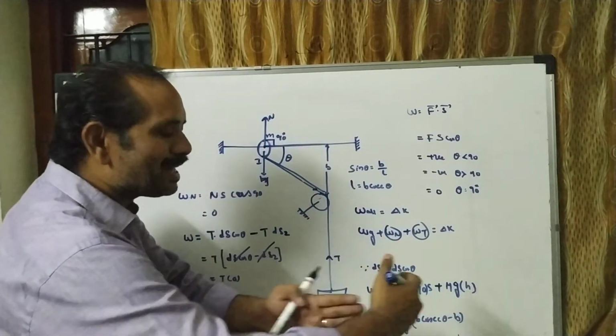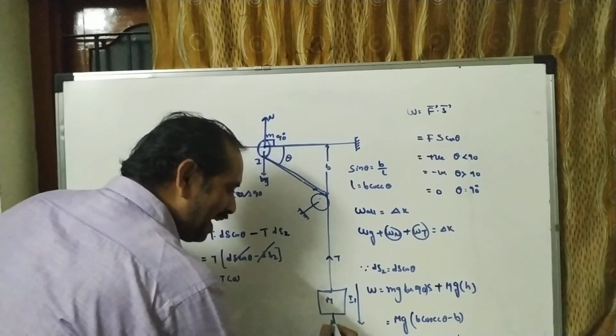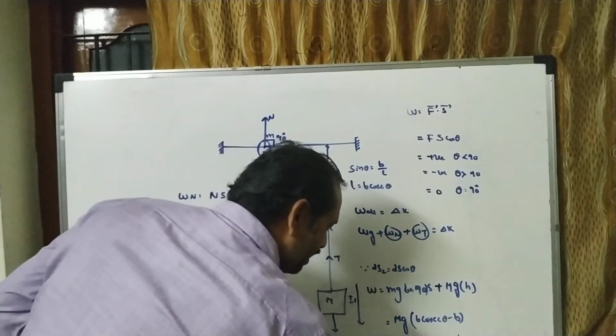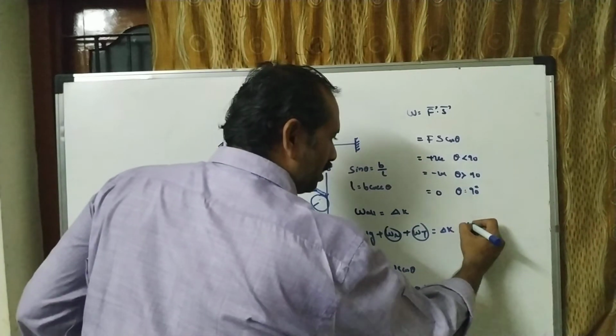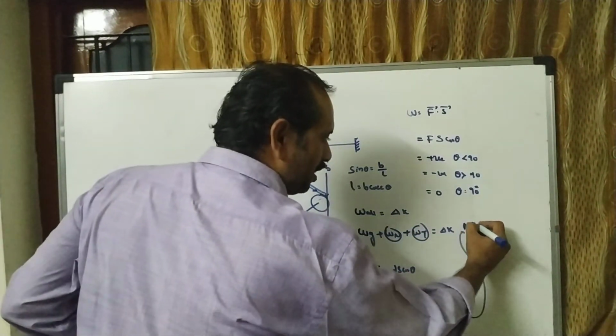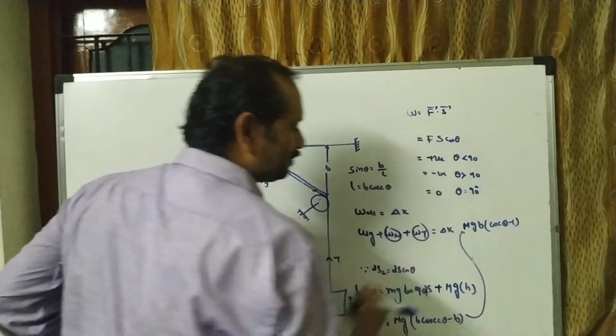Both force and displacement are in the same direction. Gravity force and displacement are in the same direction, so it is Mg into B, the common term, into cosecant theta minus 1.